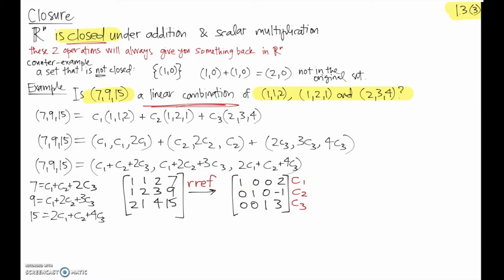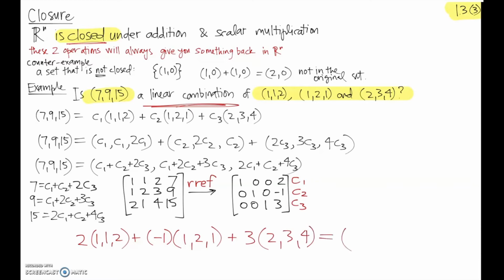So let's just double check that that's actually correct. Does 2 times 1, 1, 2, so that would be the C1, plus negative 1 times 1, 2, 1, so that's C2 times the second ordered triplet, plus 3, which is our C3, times the third ordered triplet.